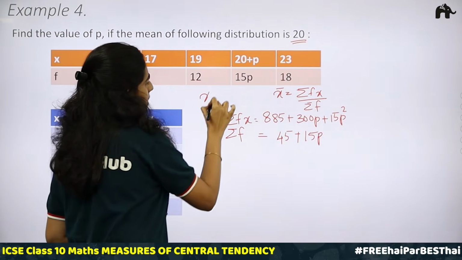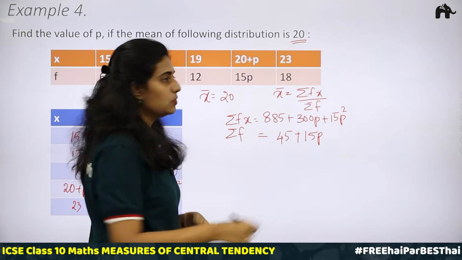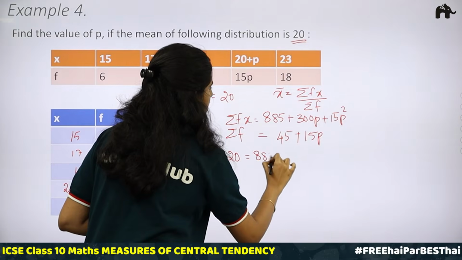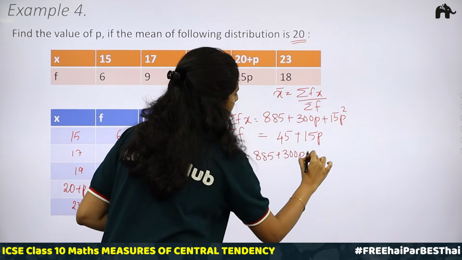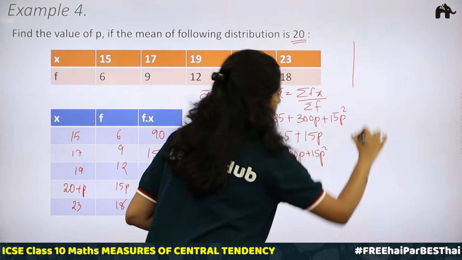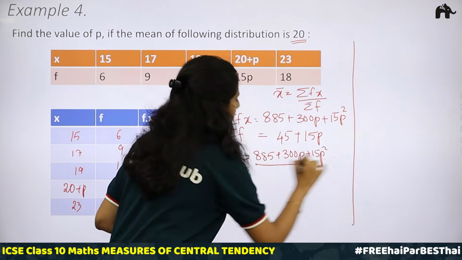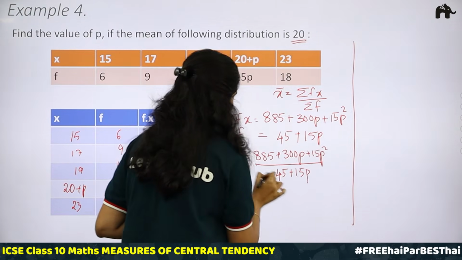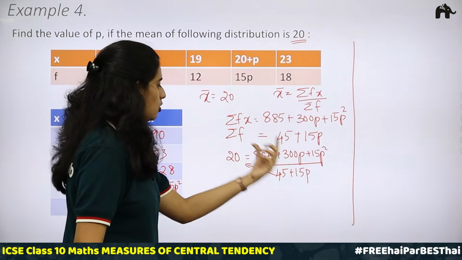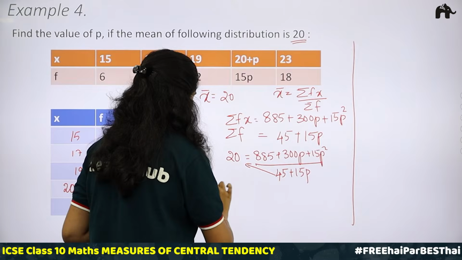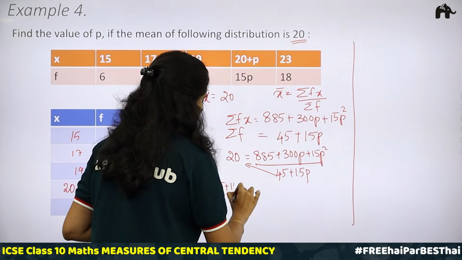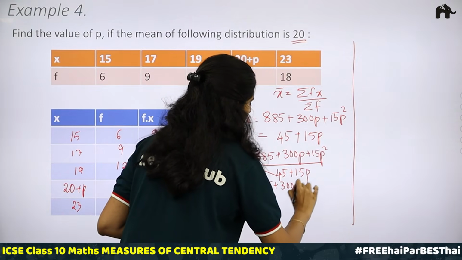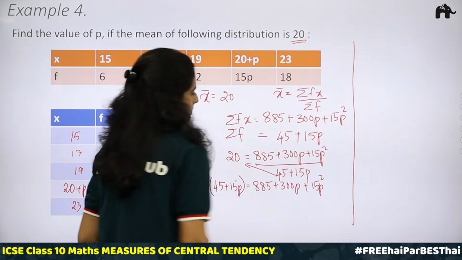Given the mean is equal to 20. Then putting in this formula, you get 20 is equal to sigma fx, which is 885 plus 300p plus 15p square. Okay, what is sigma f? Sigma f is equal to 45 plus 15p. Taking this denominator to the opposite side, 20 into 45 plus 15p is equal to 885 plus 300p plus 15p square.